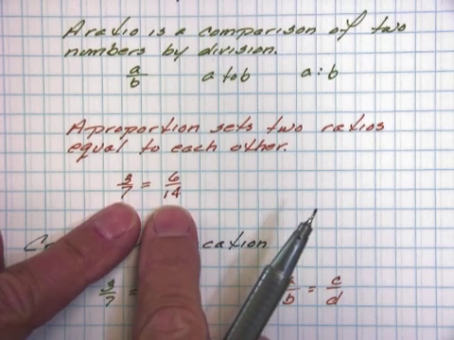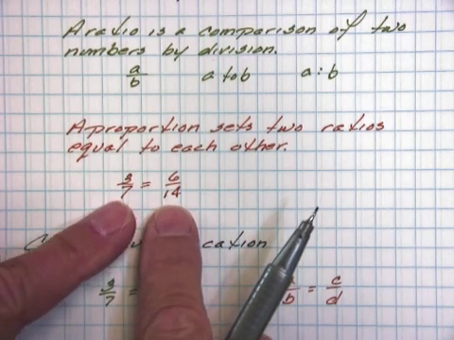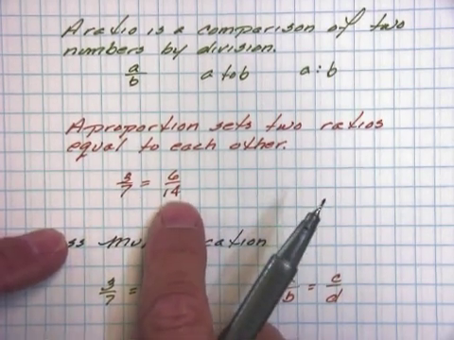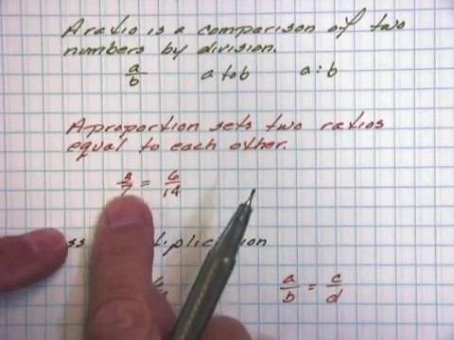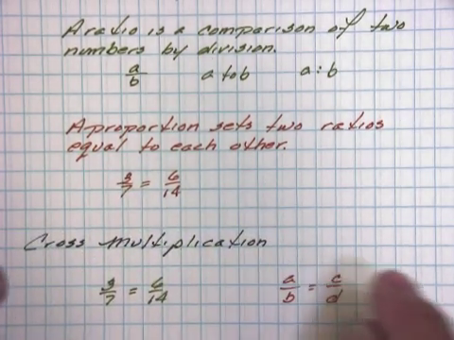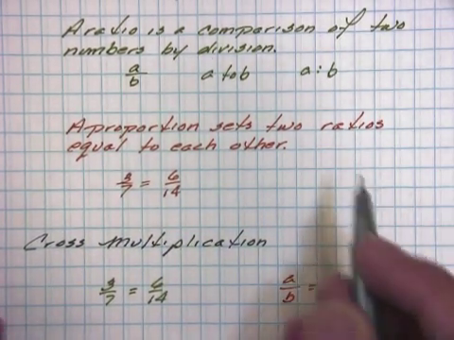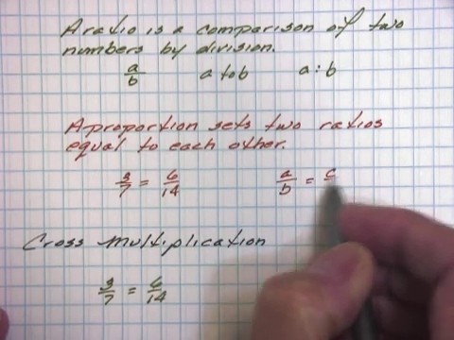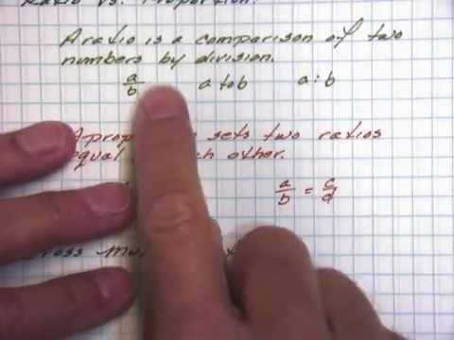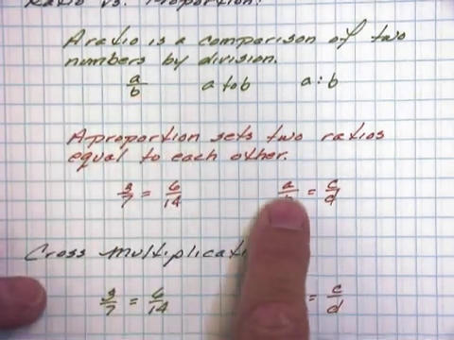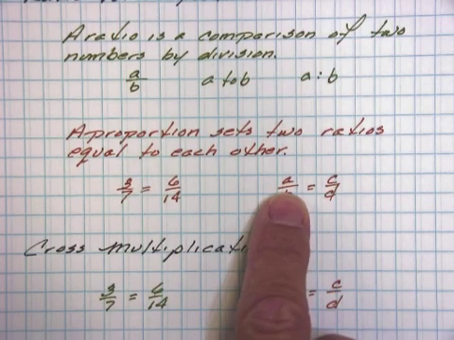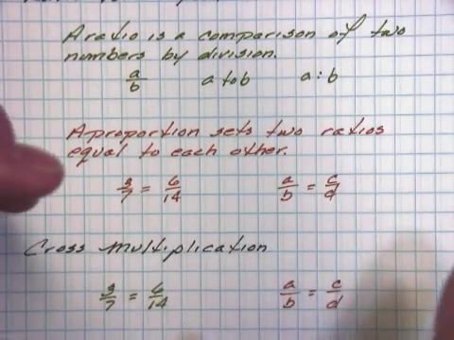So that compares two ratios, in this case fractions, and we can see that 3 over 7 is in fact the same as 6 over 14 if you just multiply top and bottom by 2. Now, algebraically what that looks like is A over B equals C over D. So this is a ratio, but this is a proportion. You can see a proportion is actually an equation.